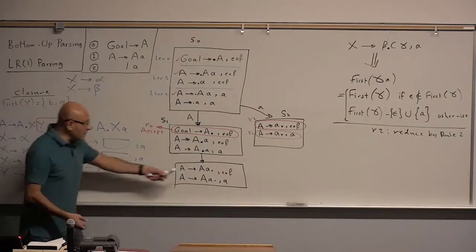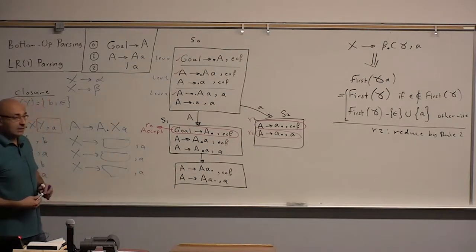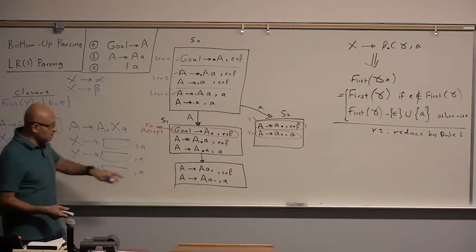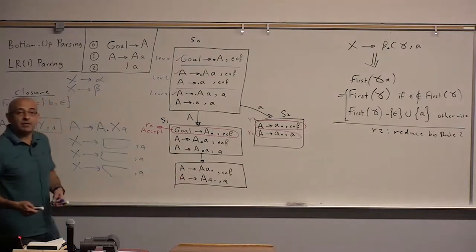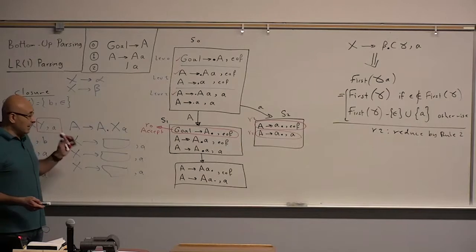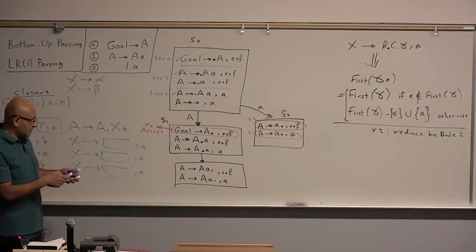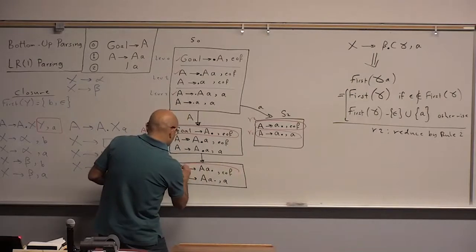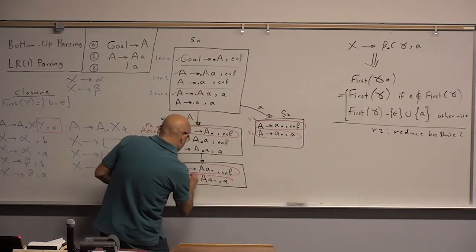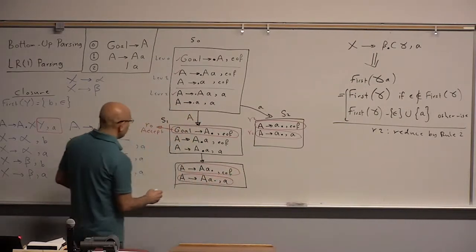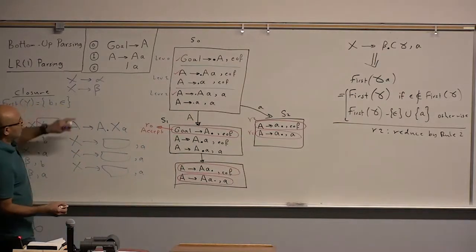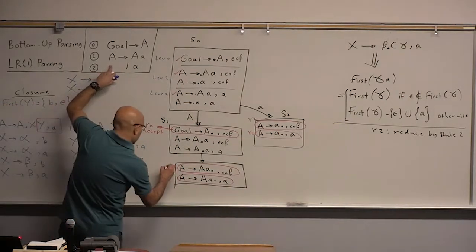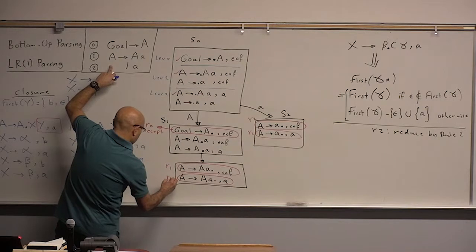Now, do we have a reduction here? Yeah, we have two reductions because the placeholder reached the end of the production. So we can reduce here, reduce by rule number 1. So this is an R1, this is another R1.